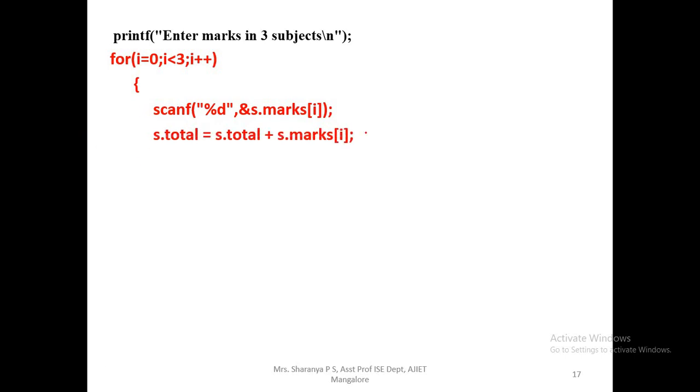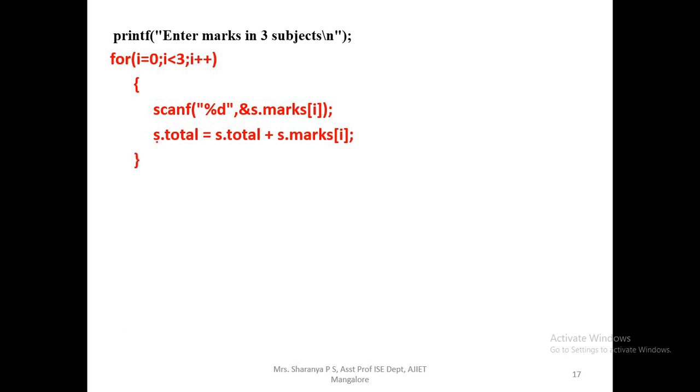And the next step is to find the total. By referring to the three different marks, we need to find the total, and that total needs to be stored in s.total. That is s.total, which we initialized to 0 initially, plus s.marks[i]. So these values are added together and the final result is stored in the s.total variable.